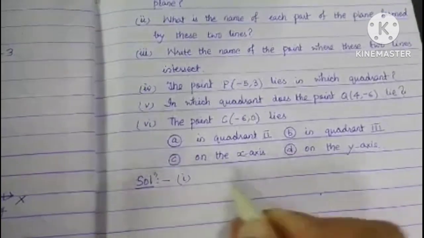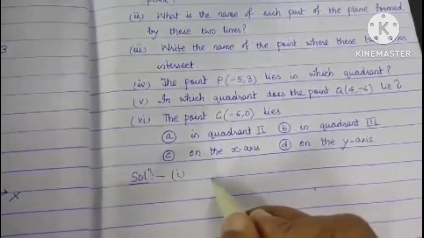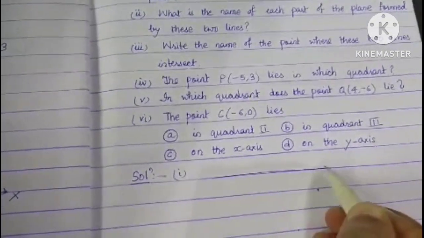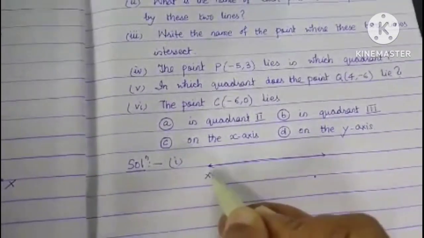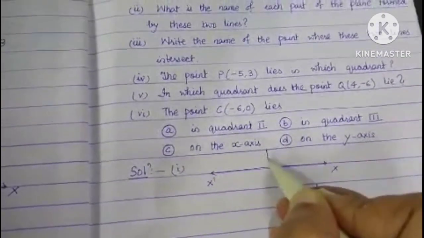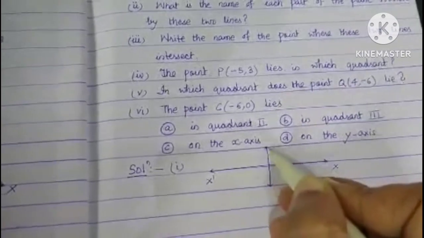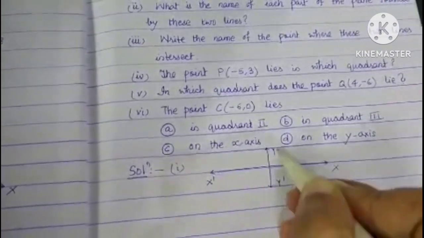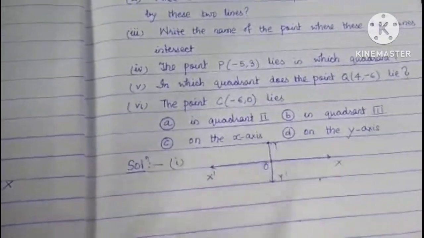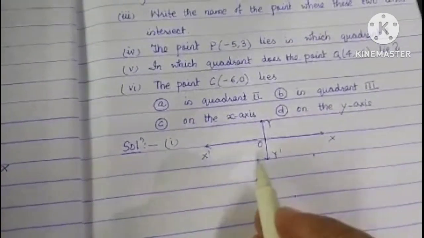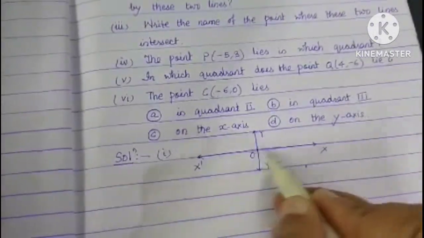First one, we have to write the name of these two lines. This is the horizontal line x dash x, and this is the vertical line, let us suppose y dash, and this is the origin. We have to write the name of this horizontal line.